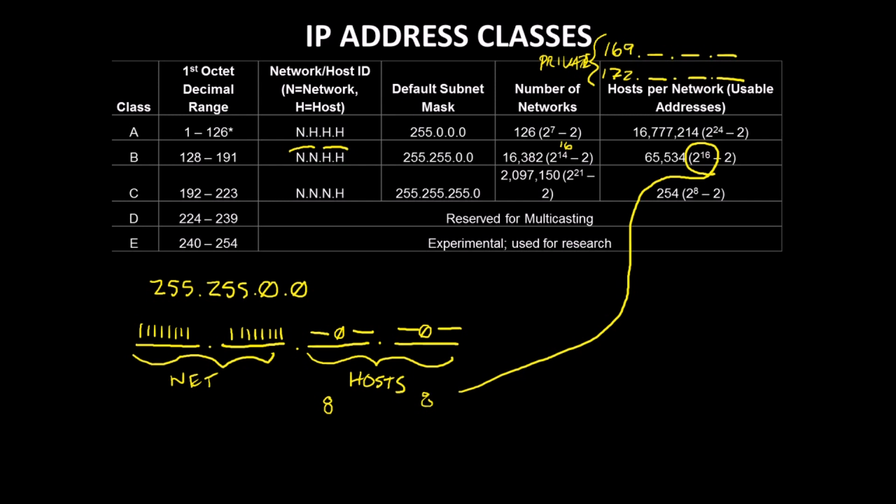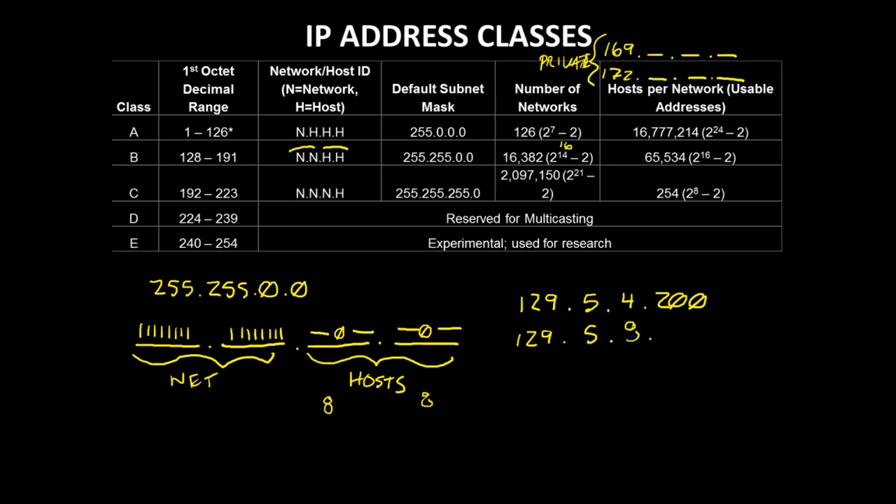Now, to give you an example of a class B, because both of these first 2 octets belong to the network, if I were to use, for example, 129.5.4.200 and 129.5.8.100. Both of these first two are the same, and they belong to the same network.